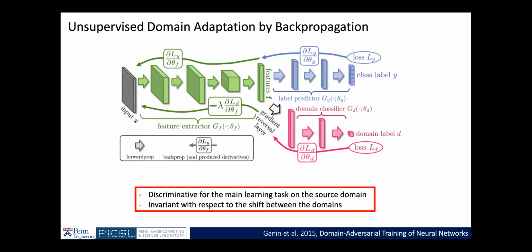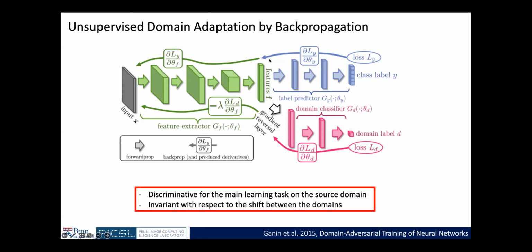And the other task that you have is to make sure that the distributions are well matched between the training and testing domains, or the source and the target domains. So this is what a vanilla architecture looks like, where you have your input X, which can come from either your source data set or your target data set.